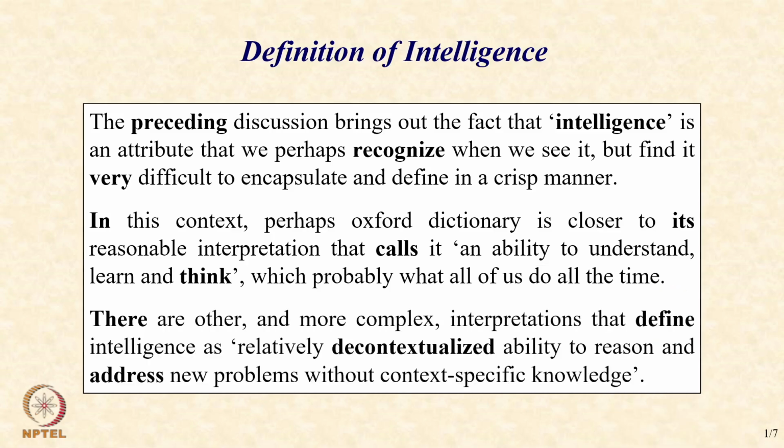Of course, there are more complex interpretations that define the relatively decontextualized ability to reason and address new problems without context specific knowledge. It is a little bit of use of words which in some sense tries to represent what exactly we are trying to do, that we are essentially reasoning, or reason is something which is inherent in our intelligence, and we reason out to address new problems.